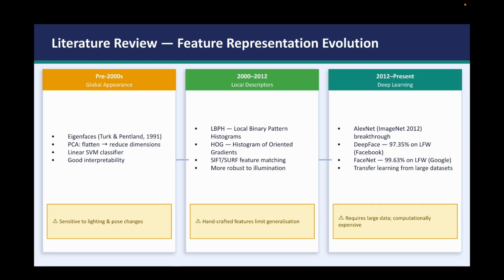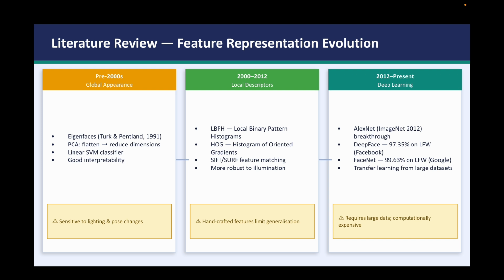So face recognition has evolved through three major stages. Early methods such as Eigenfaces use global PCA projections. These were simple and interpretable, but sensitive to illumination changes. Later, approaches introduced handcrafted local descriptors like HOG and LBPH, improving robustness but still relying on manual design.